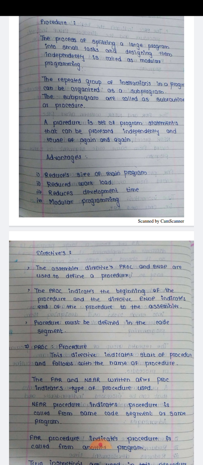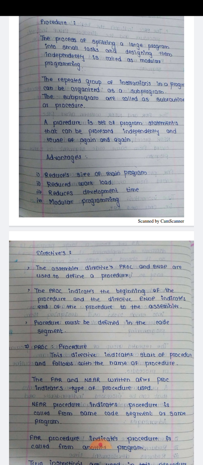So what are the directives which we have taken for defining a procedure? Now all of you know that directives are the keywords which we use in our program. We define the data type with the help of directives, and we start and end our segment with the help of directives.